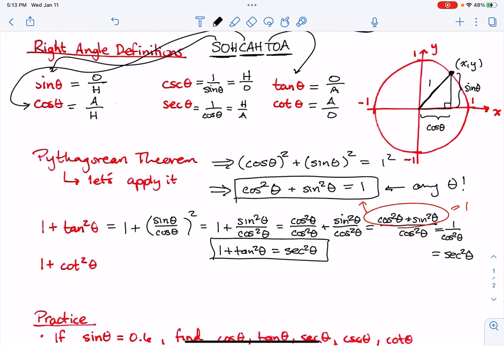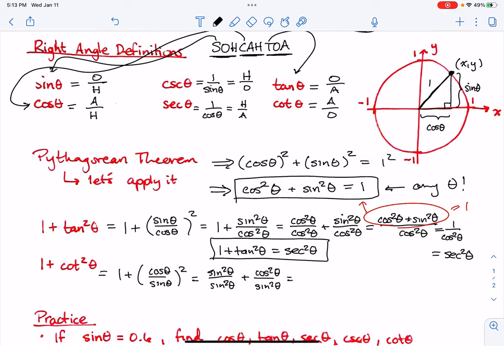And for this next one, I'm sure you can see it's going in the same direction, so I'll go through this one a little quicker. That cotangent squared theta is cosine of theta over sine of theta, squared. Then we convert the 1 into sine squared over sine squared theta, because we're going to have to add fractions. And we have over here cosine squared theta over sine squared theta.